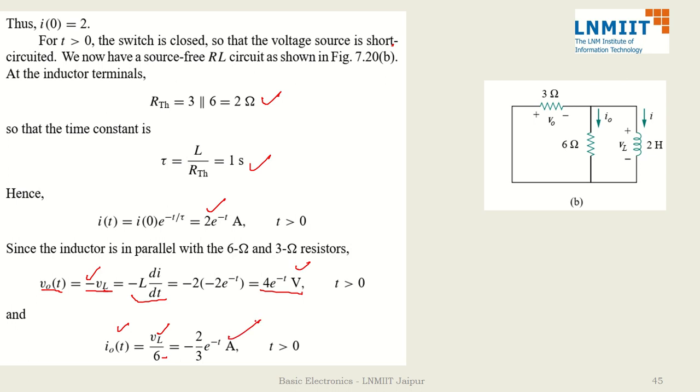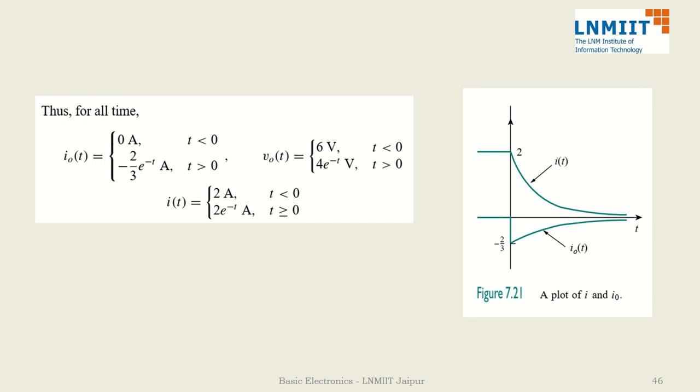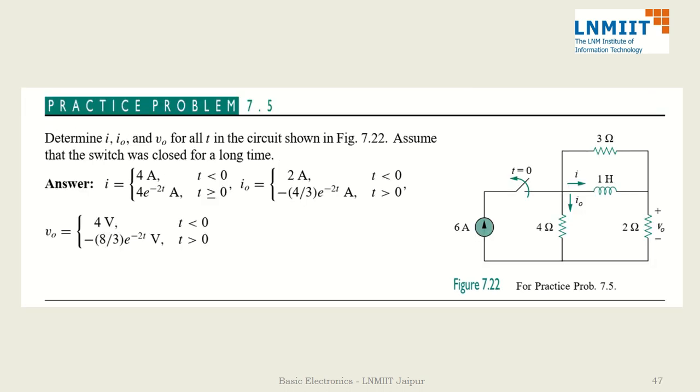And that we got. So this is how we solve source free circuits, and these are the graphs for all the voltages and currents that we talked about. A very similar circuit for the practice, and let us just see how we get started with this. So first of all, we say the switch was closed. So when the switch was closed and this was short circuit, nothing was going here, so all the current was passing through these.